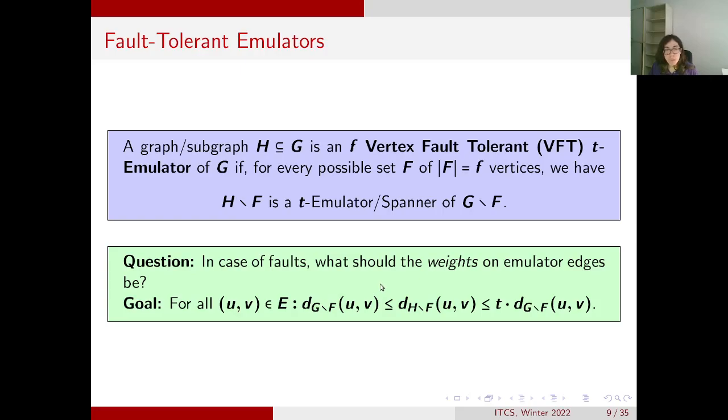Let's see what our possibilities are and what makes sense to be the weight of the emulator edges. Remember that the goal is to make sure that for any edge, the distance between the endpoints should be at most t times the distance in G minus F.